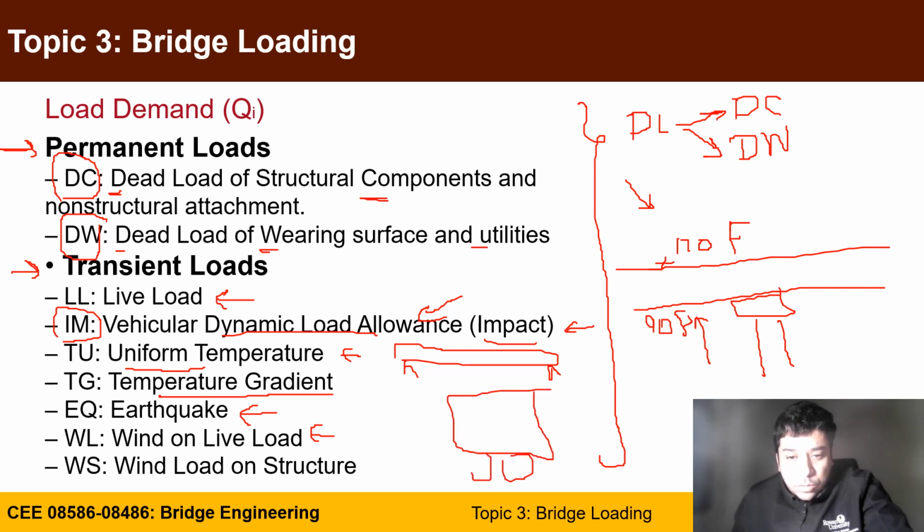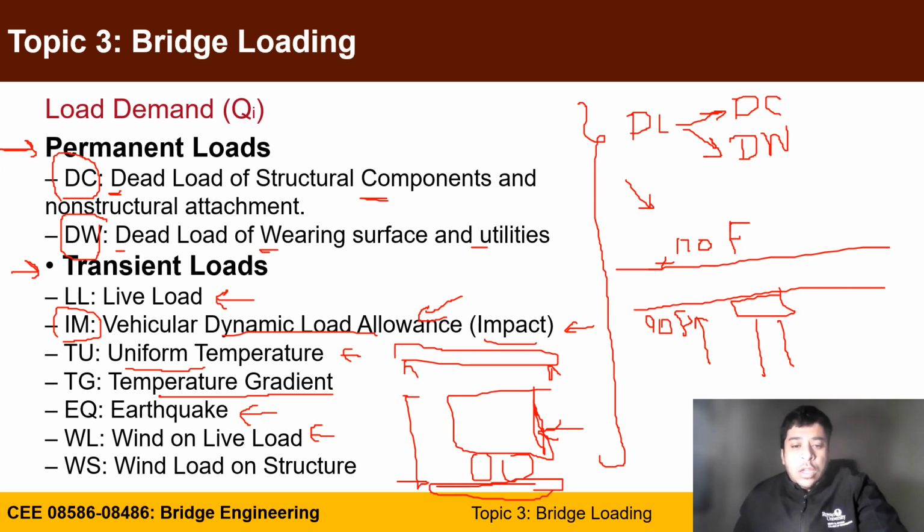Let me say this is your truck and maybe this is your truck height. The wind also affects the side of the truck, which has to be transferred down to the bridge deck by friction between the tires and bridge deck. So this is also called wind loading on live loads. All those loads, as we're going to show later on, are transient and natural. They are not permanent on the structure.